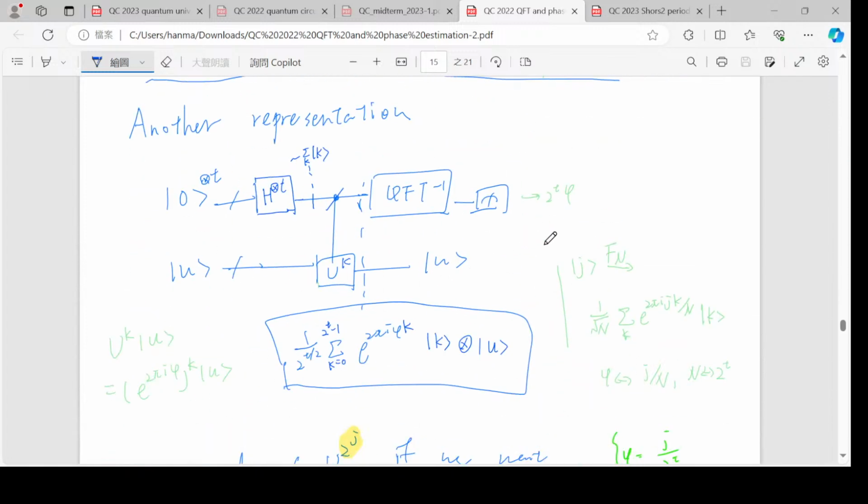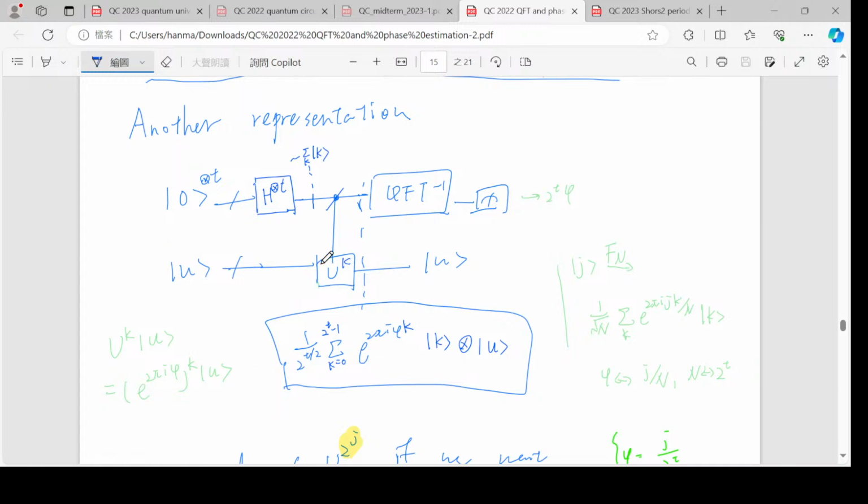And so yeah, in a more compact expression, you look at this. You create the equal superposition of t-bit computational states on your t qubits, and then you do controlled U to the k, where k is whatever computational basis state you have up here.